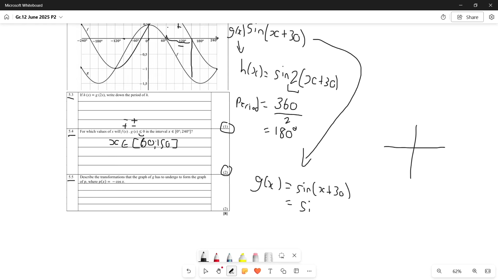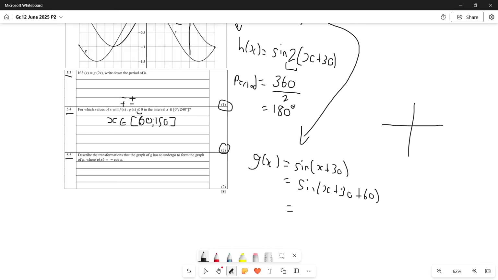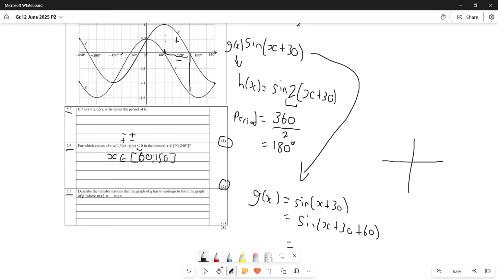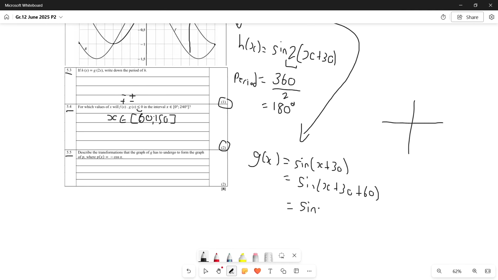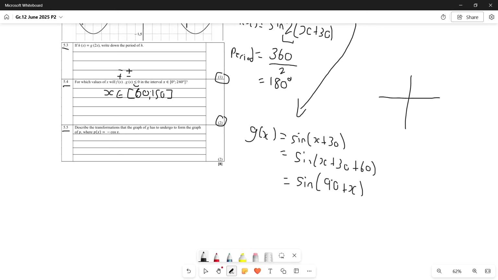So if we turn this into sine x plus 30 plus 60, we have shifted it 60 degrees more to the left, we then end up with sine 90 plus x. So 30 plus 60 is 90, and I just moved it in front so we could get our standard form for a co-function, which means we then have a 90 plus x.